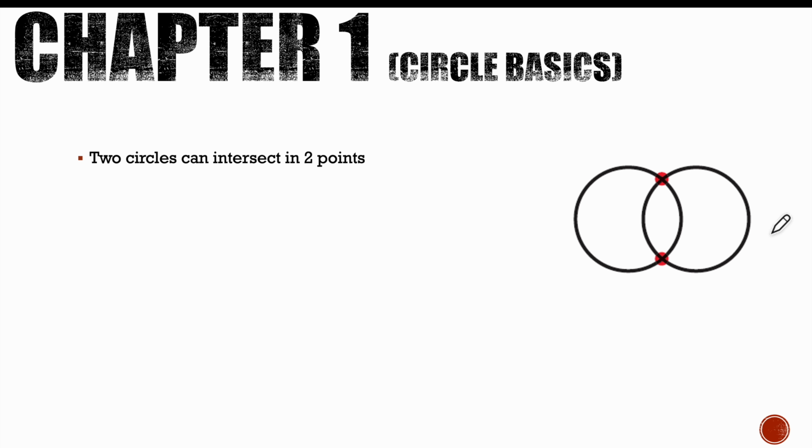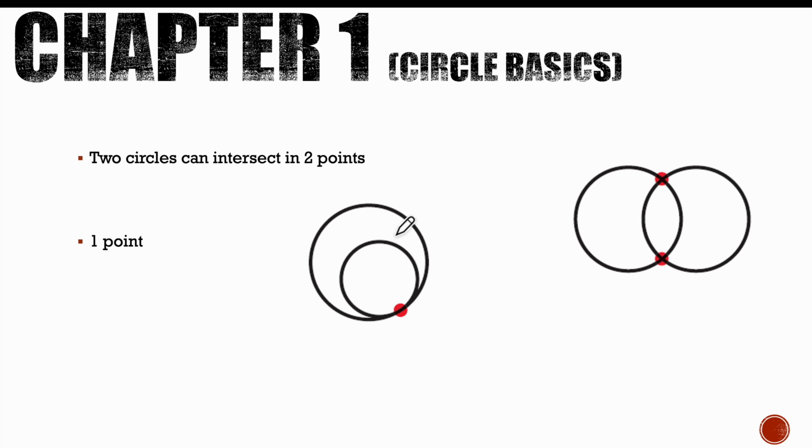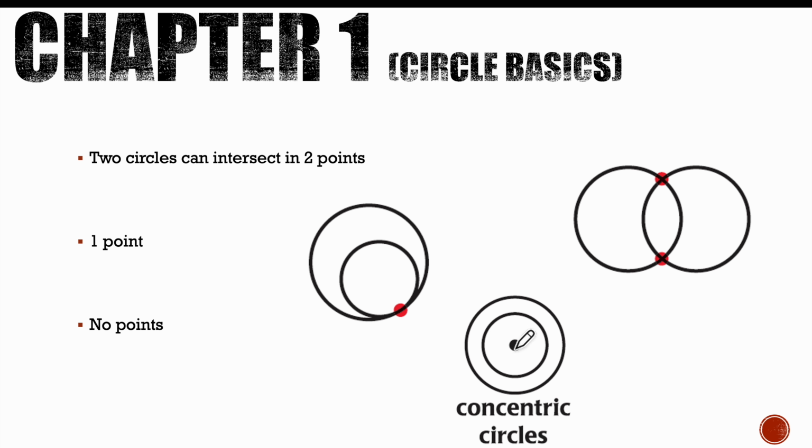Now two circles can intersect at 2 points. They can also intersect at one point if one circle is inside another circle. And they can be concentric circles, meaning they have the same center but different radius, and they never intersect with each other.